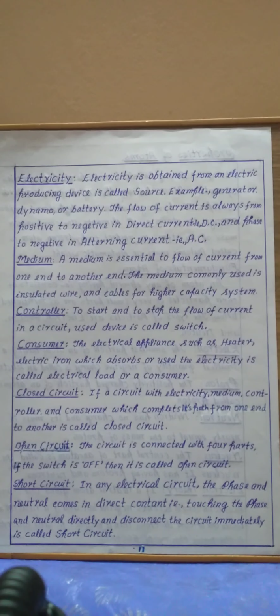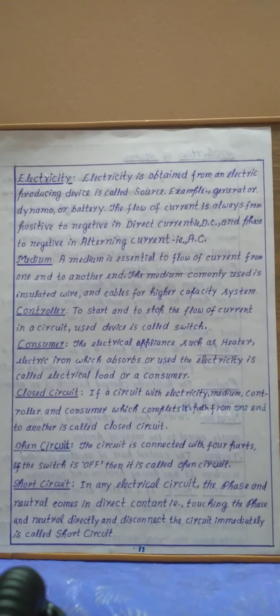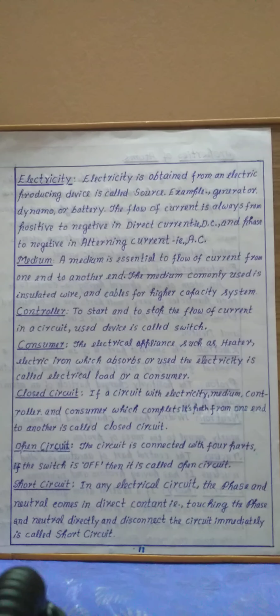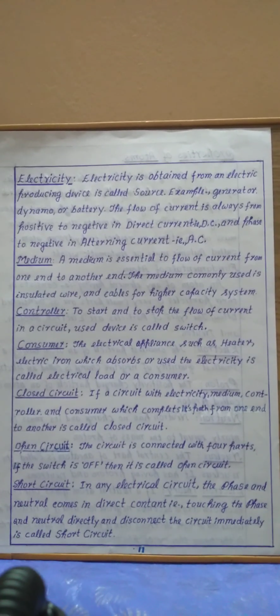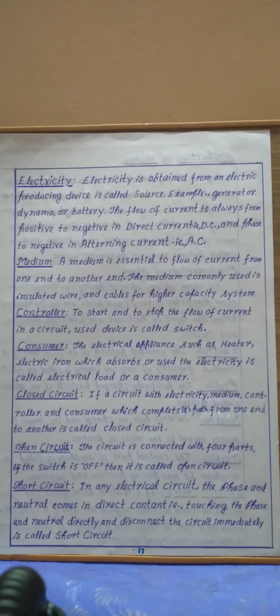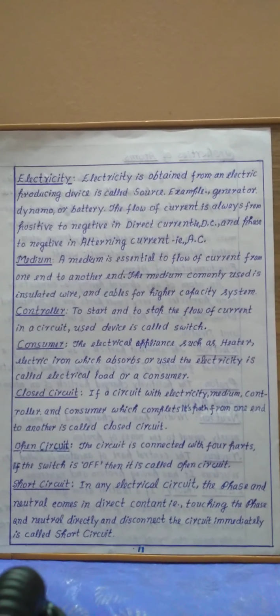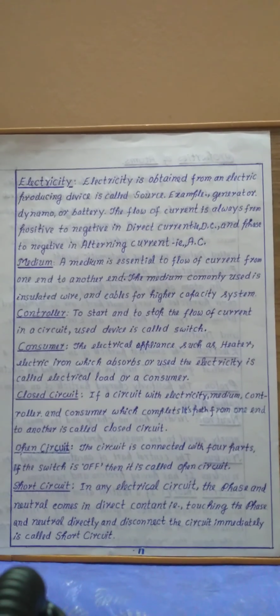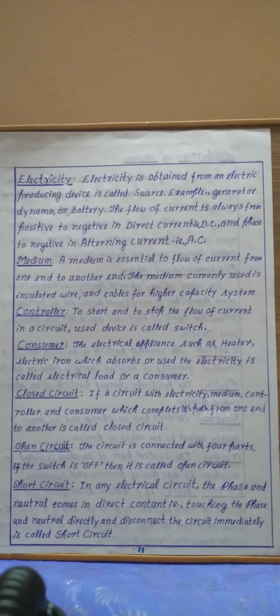Here also there are two terminals, phase and neutral. So when the phase wire disconnects or for some other reason gets loose and touches the neutral wire, we call it a short circuit. And in the meantime, immediately the connector's fuse will burn and the circuit will be disconnected. It is called a short circuit.